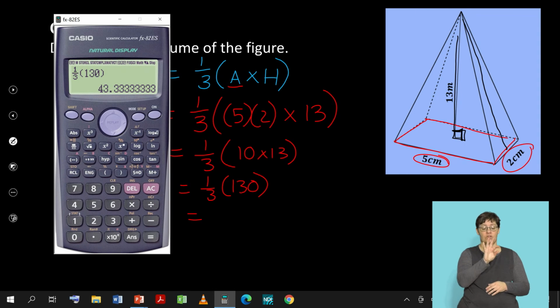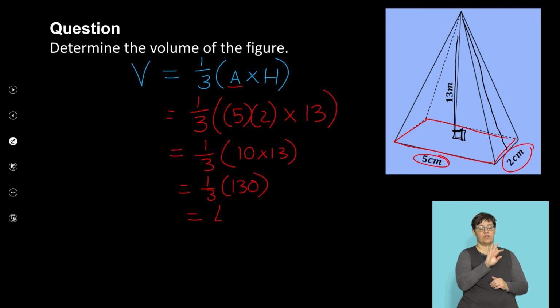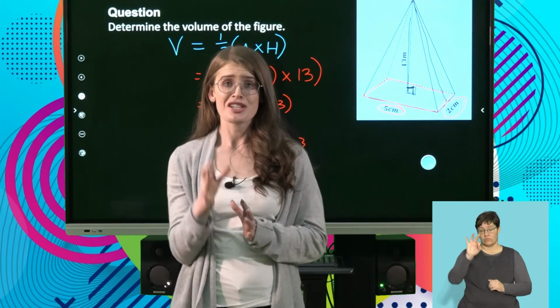And that's going to give me 43.333, so we can see the 3's recurring. If I round to the second decimal place, I'm going to have 43.33 centimeters cubed.